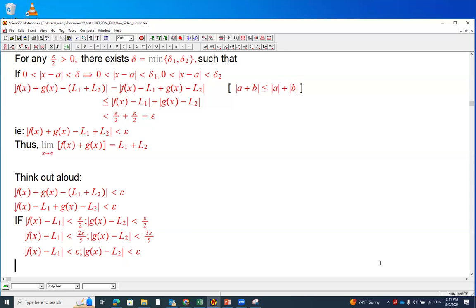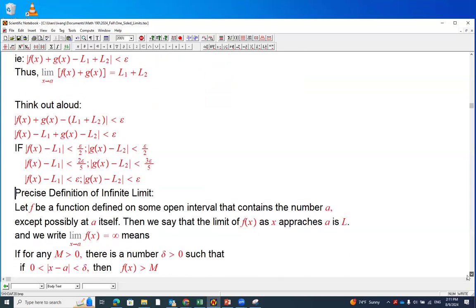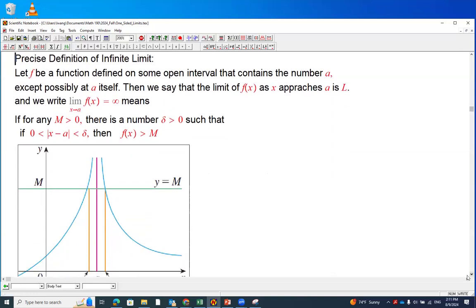But anyway, without further ado, let's introduce another definition, which is the definition of infinite limit. You know, the words infinite and limit together always sound a little weird, right? Because infinite and limit are contradictory. But we do have a proof to show that f of x approaches positive infinity. So here's the definition.